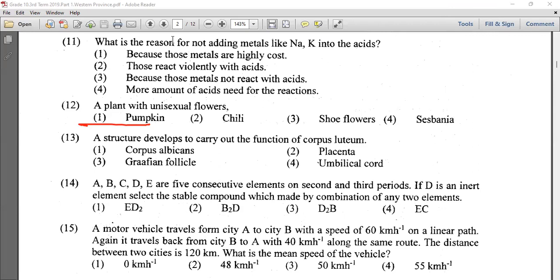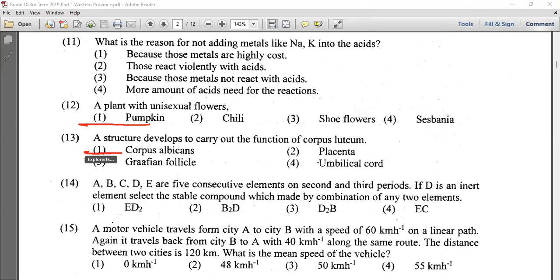Then the Graafian follicle under the luteinizing hormone releases the ovum and turns into a corpus luteum and corpus albicans. A structure develops to carry out the function of a corpus luteum. Is it corpus albicans? No. Corpus albicans, this one.